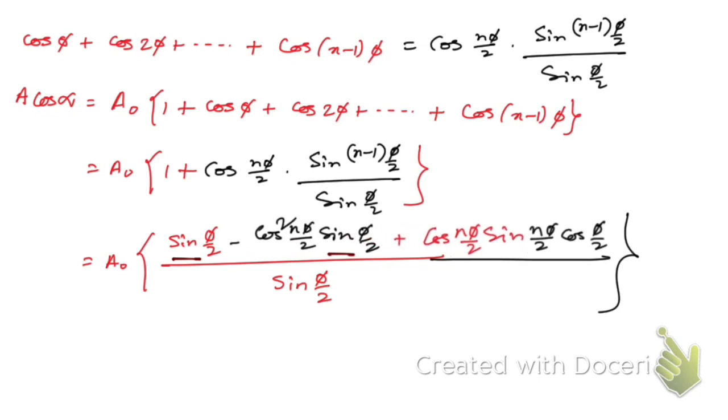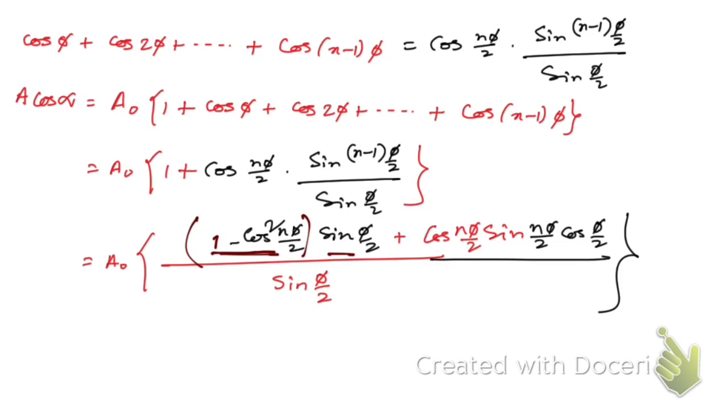Okay, so now let me take this common. Sine 5 by 2 is taken common, then we're gonna get here 1 minus cos square n 5 by 2, right? And this is gonna be equal to nothing but sine square n 5 by 2, and this term becomes sine square n 5 by 2. That's what we have got.